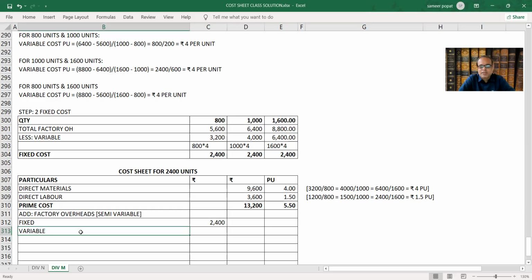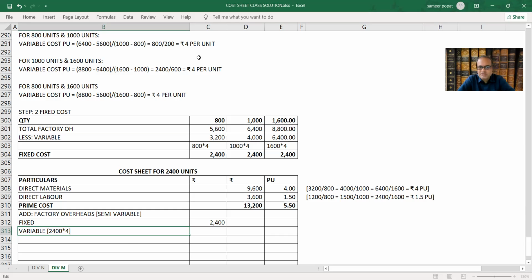Now, regarding this variable cost, now the quantity is 2,400 and its per unit cost is rupees 4. So as the quantity will change, the total amount of variable overhead would also change. So 4 rupees would remain constant for variable cost multiplied by new quantity 2,400. We get the cost 9,600. Have you got this, everyone?